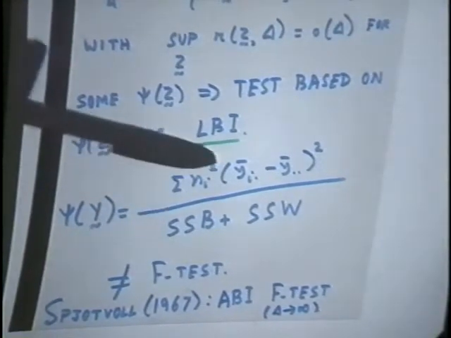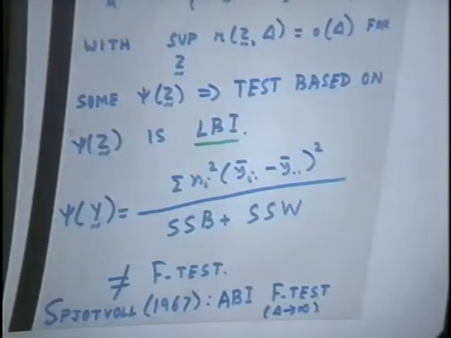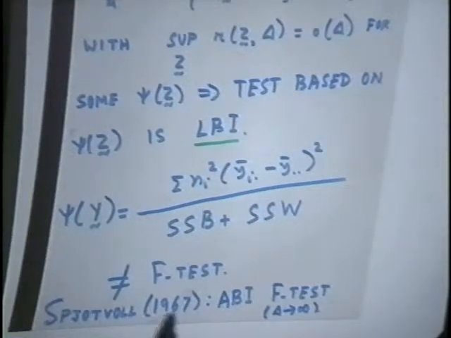But here you don't have n_i, you have n_i squared, so this is not the F test. I can mention that Spjøtvoll in 1967 also did similar calculations, and he showed that the F test is asymptotically best invariant for large delta. But here we are concerned with the local alternative, delta near 0.